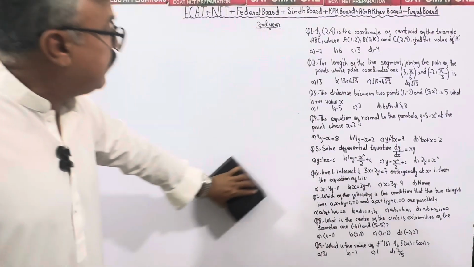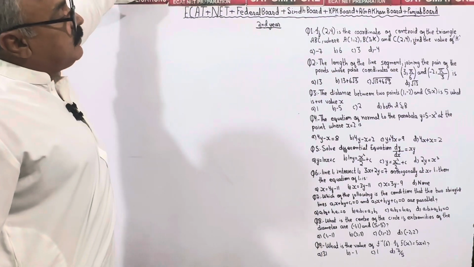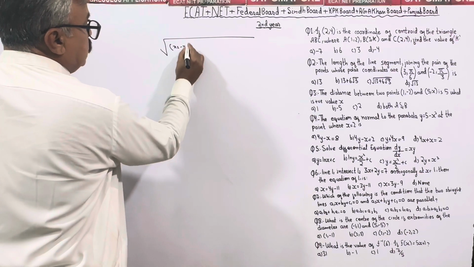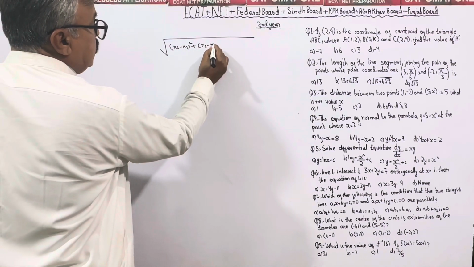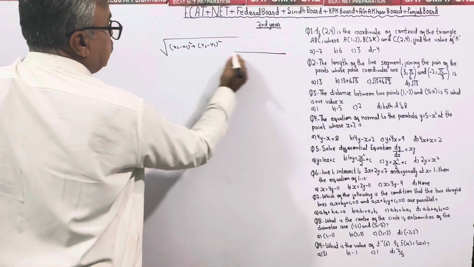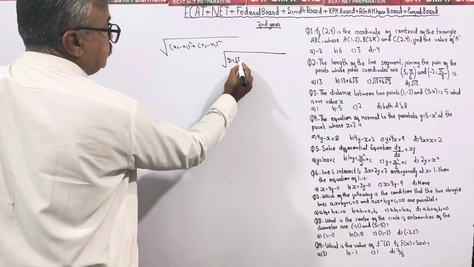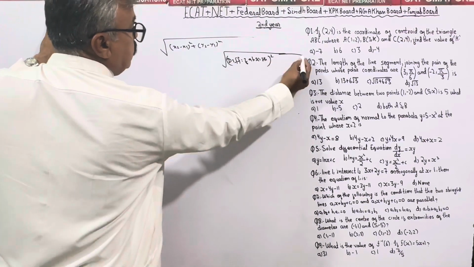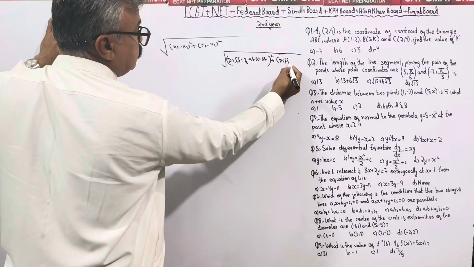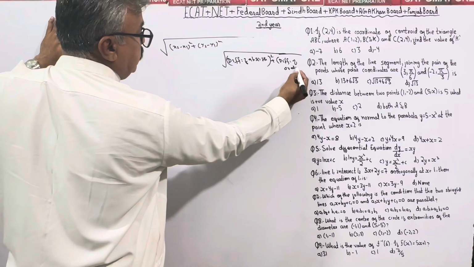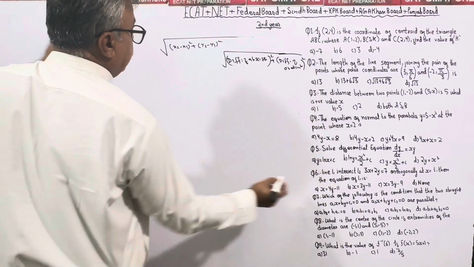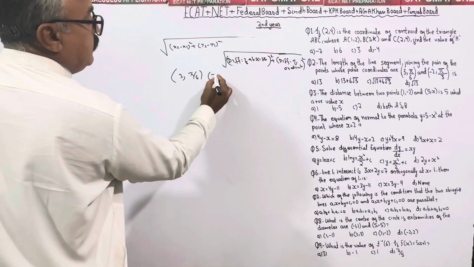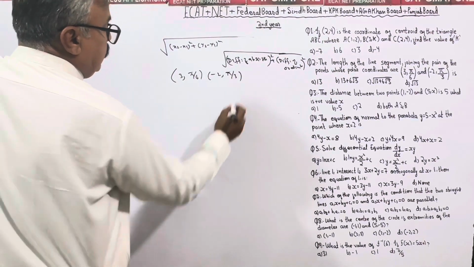We are mostly familiar with the normal distance formula, that is the square root of x2 minus x1 whole squared plus y2 minus y1 whole squared, or some literature writes it as the difference of abscissas squared plus the difference of ordinates squared. Here we are given 3 with angle pi over 6, and minus 2 with angle minus 2 pi over 3.